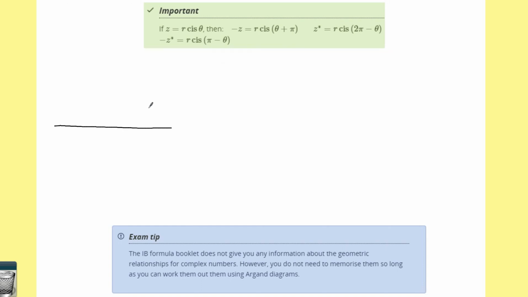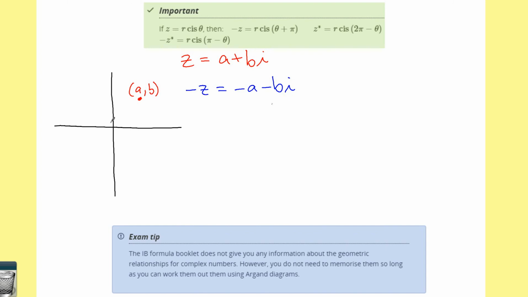So here's your graph, and let's say z is the nice little a plus bi. So let's say a and b are both positive. So let's just say z is right here. I'll put it in coordinate form, so a comma b. So when we do negative z, that's negative a minus bi. So that's over here now, negative a, negative b.